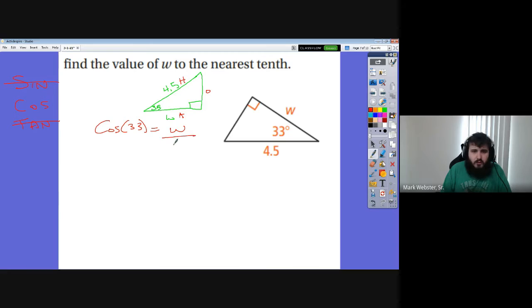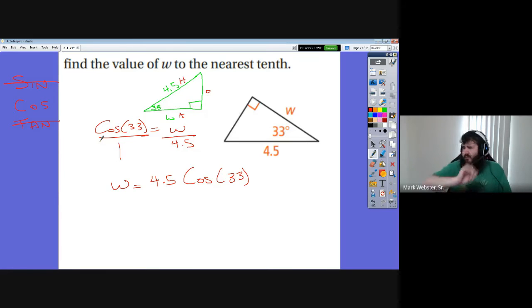W over 4.5. There we go. So now once again, we're going to cross multiply and divide. We're going to end up with 4.5 times the cosine of 33 degrees. Once again, remember this cosine of 33, that's already set. Don't touch that. It's a number.